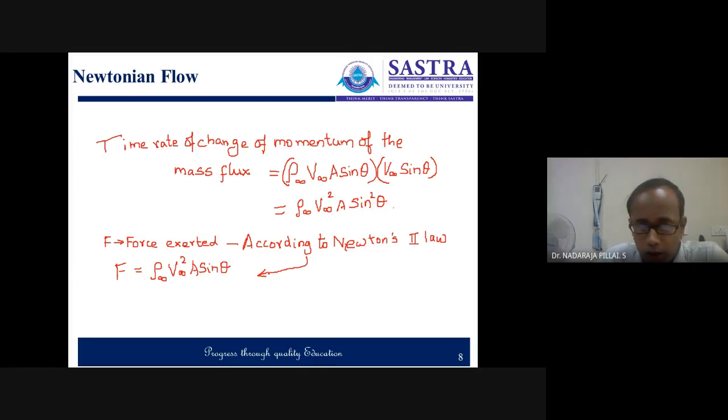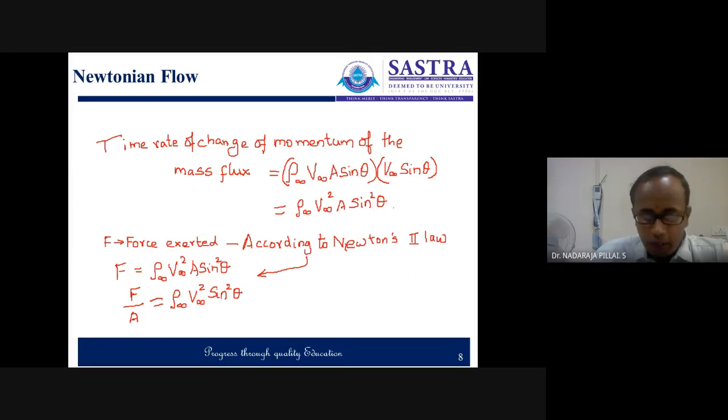So again, let us say here we can write something like F by A. What is F by A? This is necessarily pressure, right? Rho infinity v infinity square and sine square theta, right? Here it will be sine square theta.